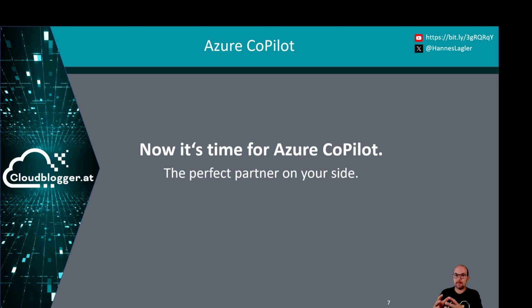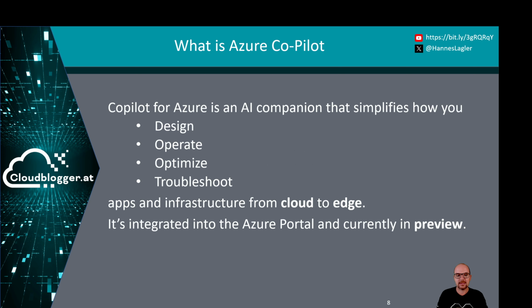It's a Copilot version inside Microsoft Azure, inside the Azure portal, and Copilot itself is designed to help you to design your solutions, to operate, to optimize, and to troubleshoot apps and infrastructure from the cloud, and also important, from the edge.